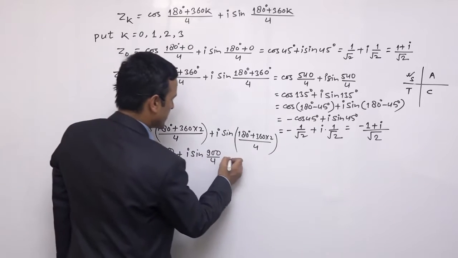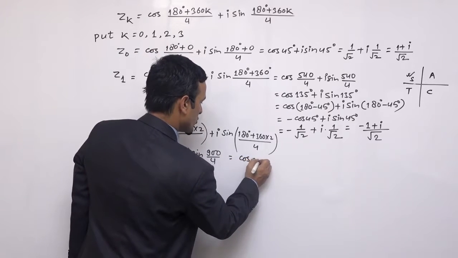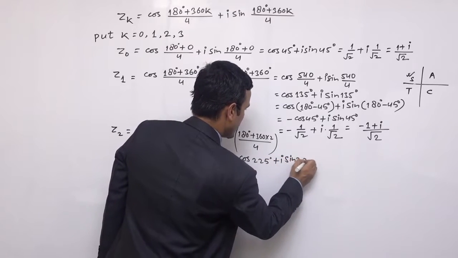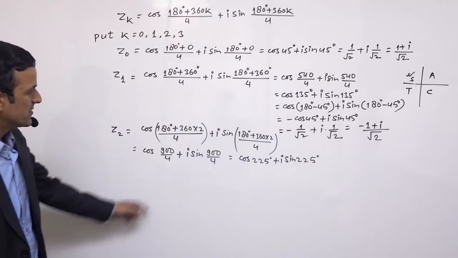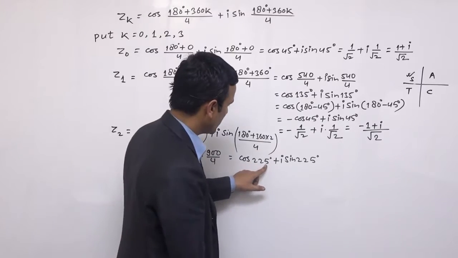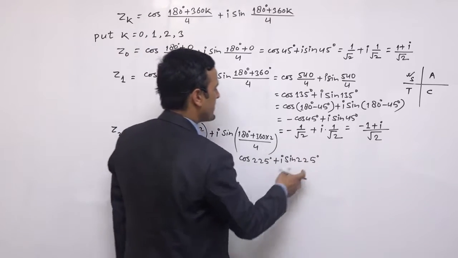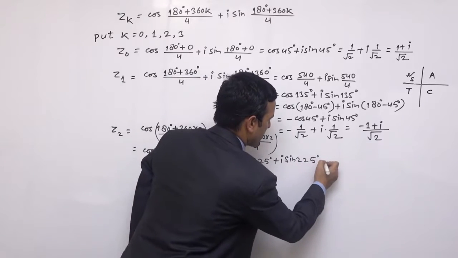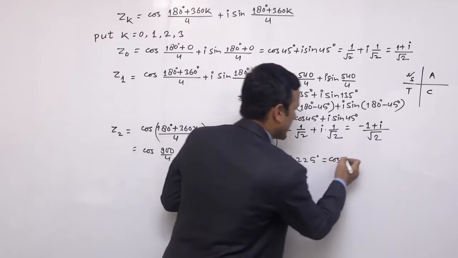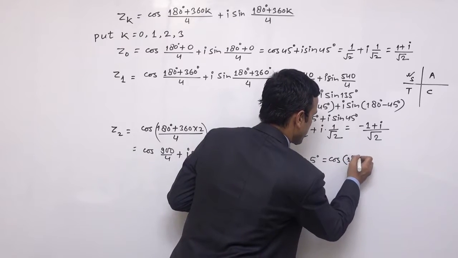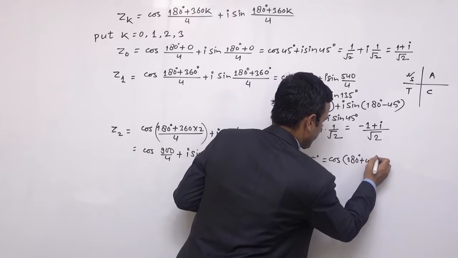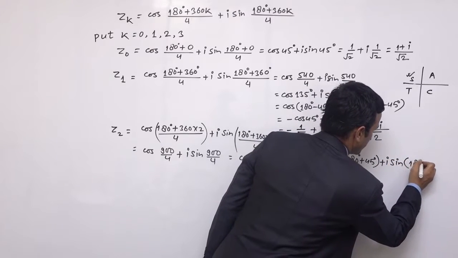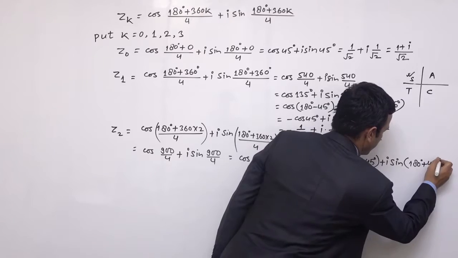So if you cancel this one, then it will be cos 225 plus i sine 225. So after dividing, this is the result. Now we take it to the simplest minimum angle. So this means cos 180 plus 45 plus i sine 180 plus 45.